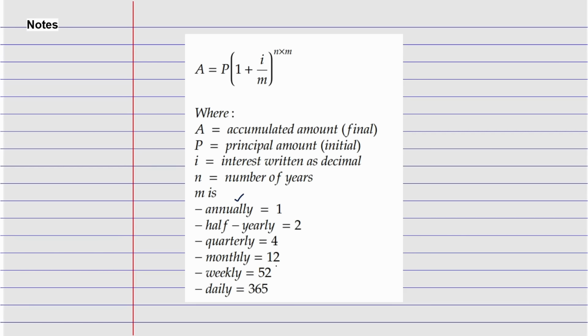That word means you need to divide your interest rate by whatever they give you, and you also need to multiply your number of years by it.